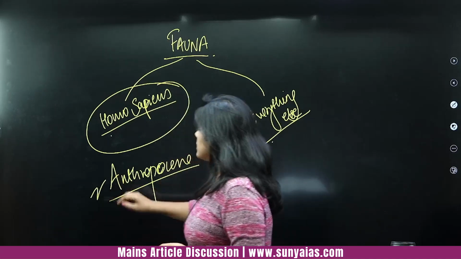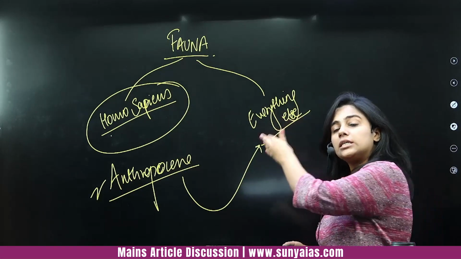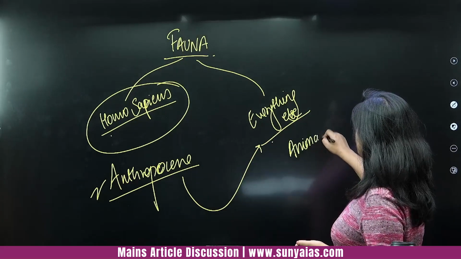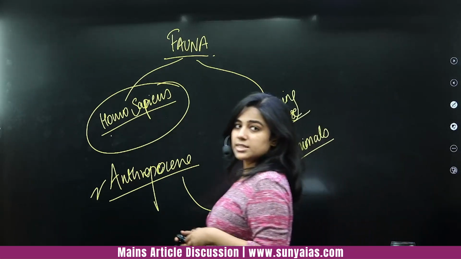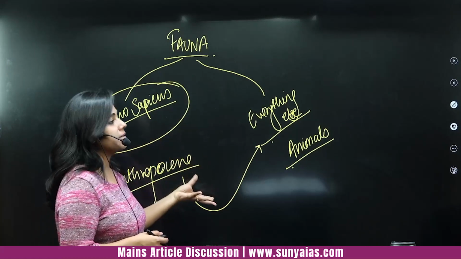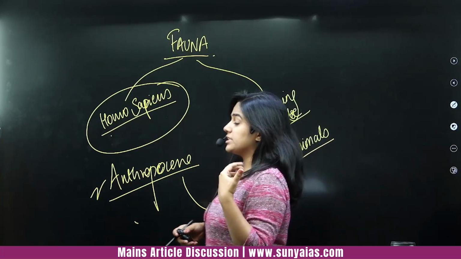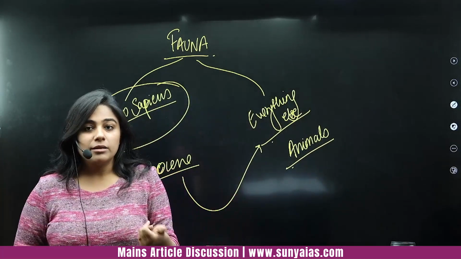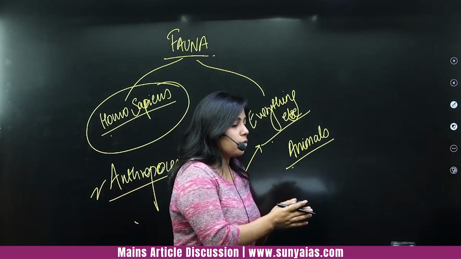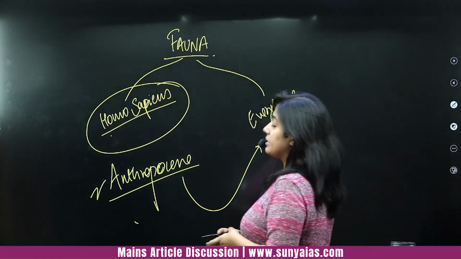Now, because of this Anthropocene, our contact with other species of fauna, wherein I am specifically talking about animals which live in close proximity to us, like the cattle, the dogs, and some birds as well, the pigeons, the bats, from where it is said the COVID-19 pandemic actually started. The bat was the carrier.